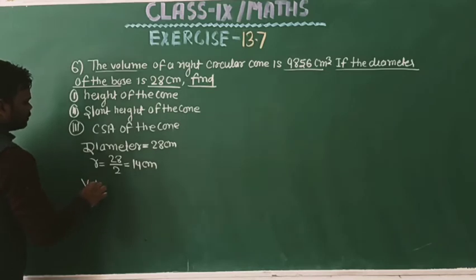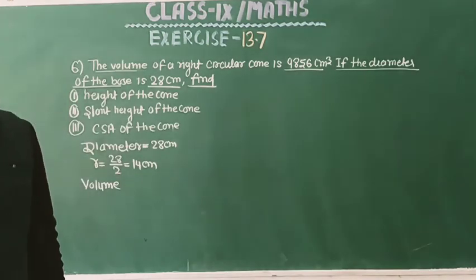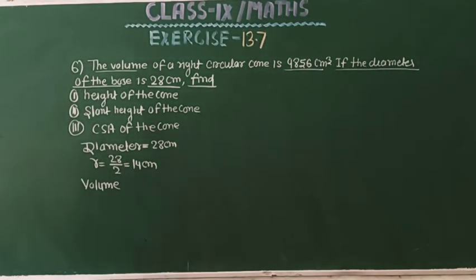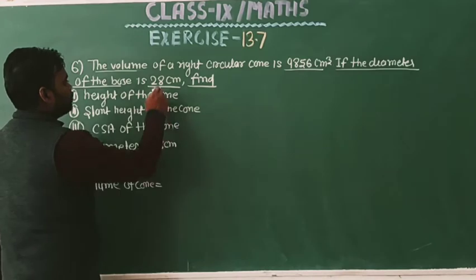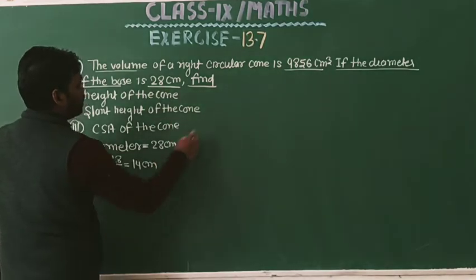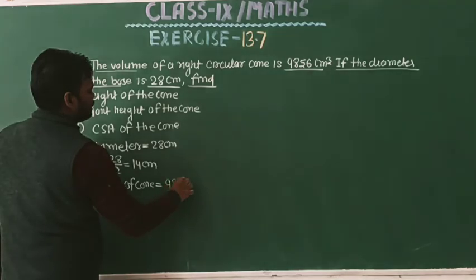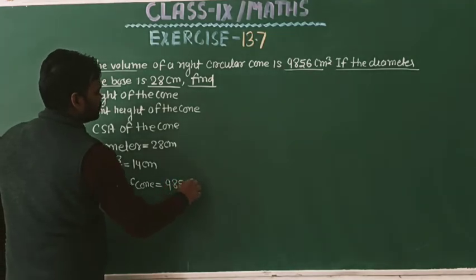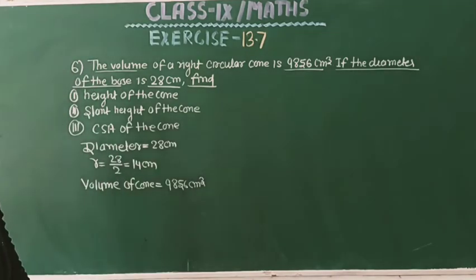And also we have the volume. The volume of the right circular cone is given, which is 9856 centimeter cube.